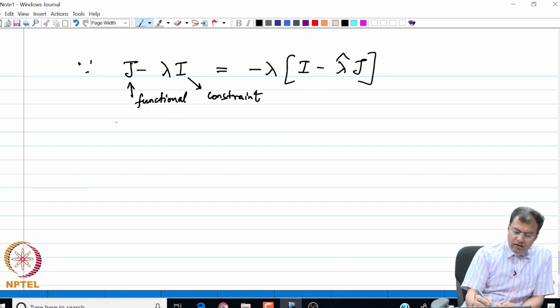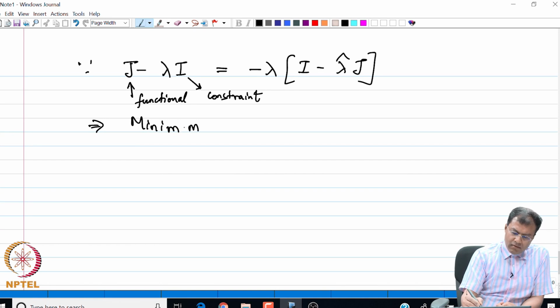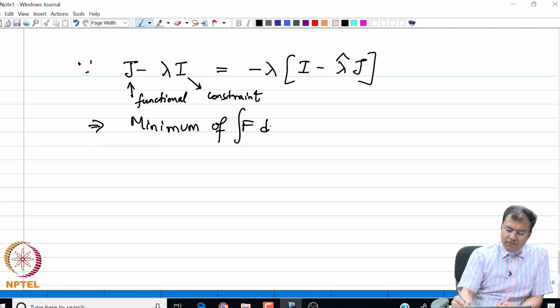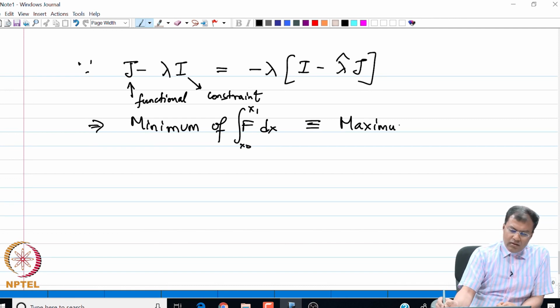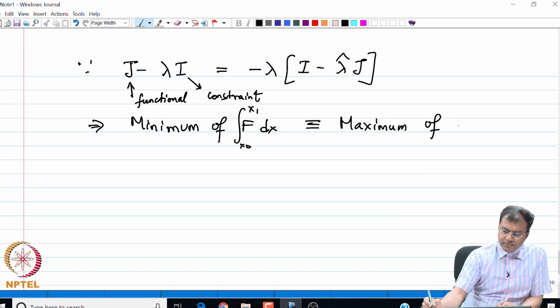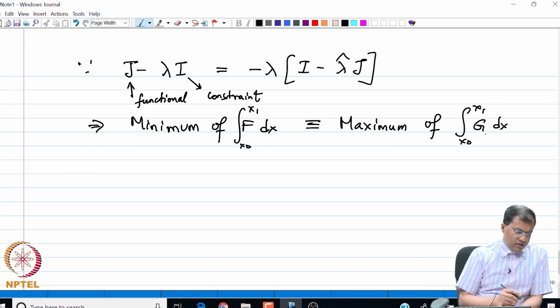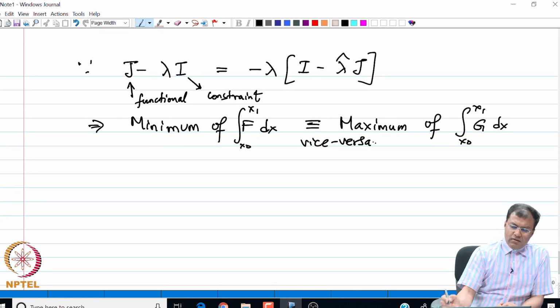This means that the minimum of the integral of f dx from x0 to x1 is equal to the maximum of the integral of g dx from x0 to x1, and this can be vice versa.